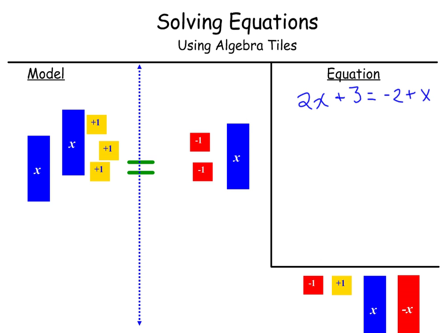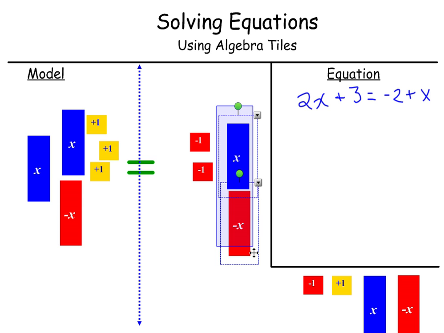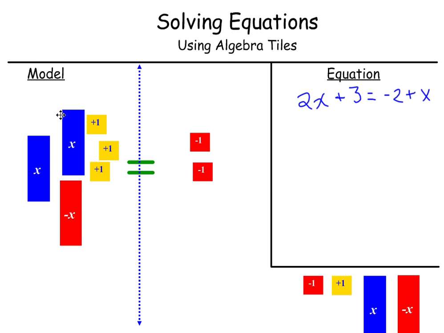Let's get rid of this x right here. Alright, now watch. If we put a red right here, I've got to put a red x over here. So what happens is these x's will cancel out. So there's no more x's on this side. And one of these x's will cancel out over here. So let's demonstrate that by hand.